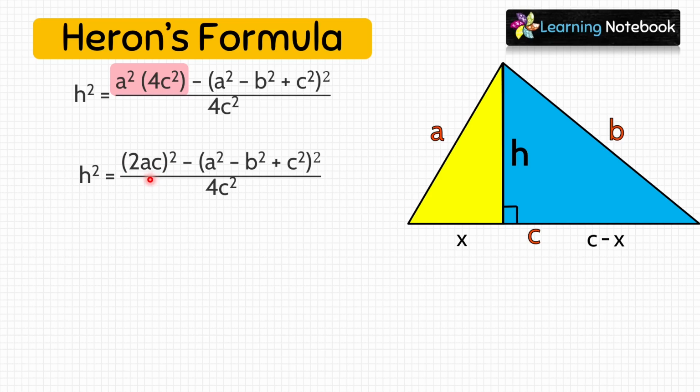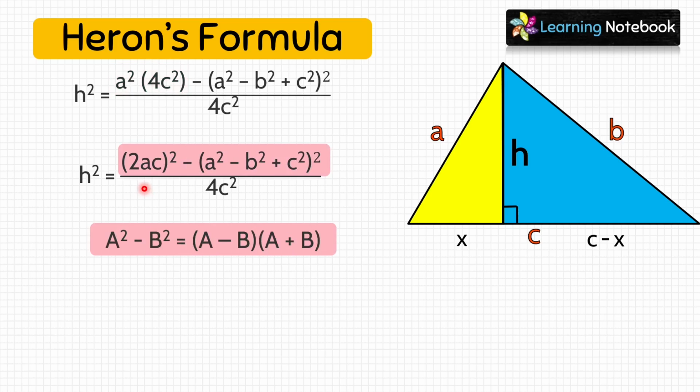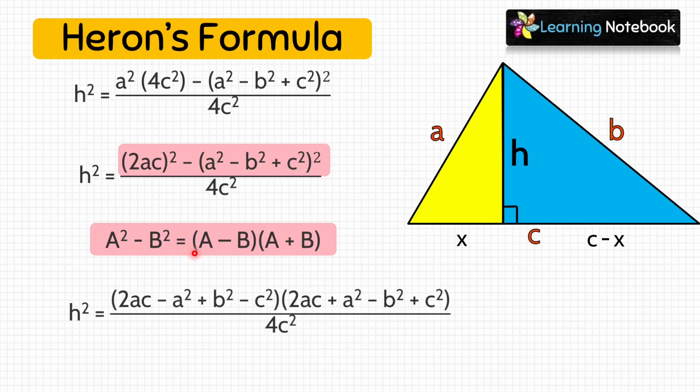Now take a look at this highlighted term. It is in the form of a square minus b square. So we can write it as a minus b into a plus b.